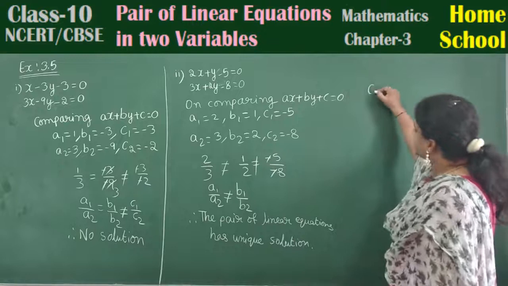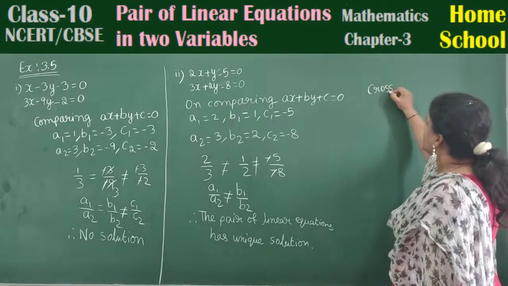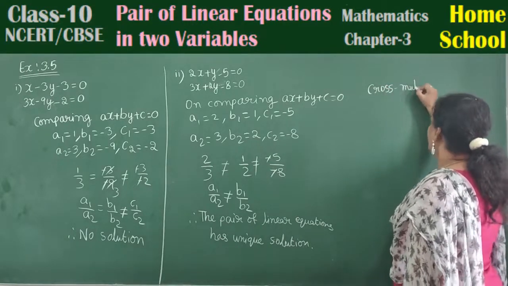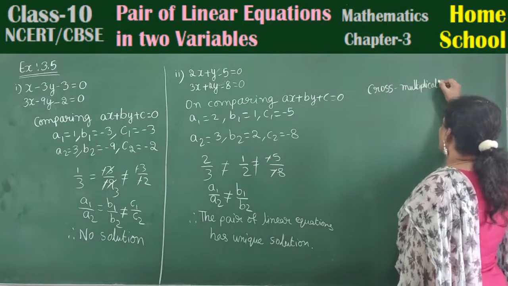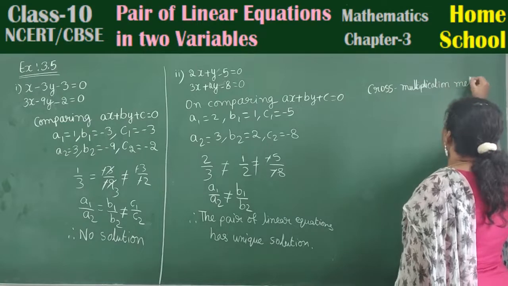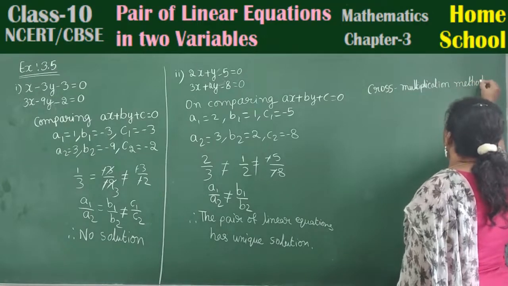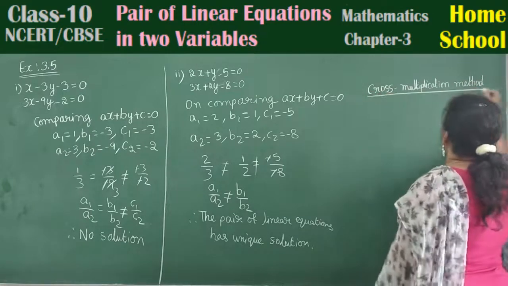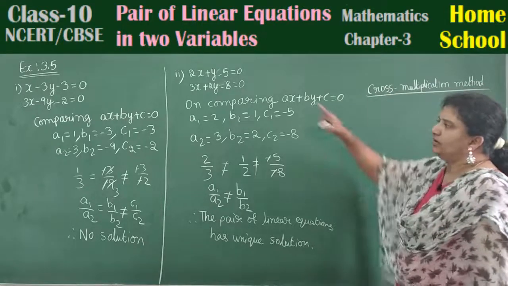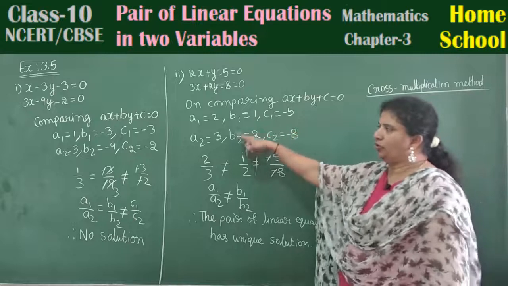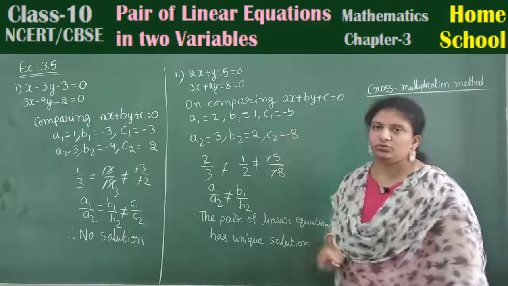Observe here children, this method is very simple. Cross multiplication method. This is the method we need to find the solution for two variables. Now, we know a1, a2, b1, b2, c1, c2, right?